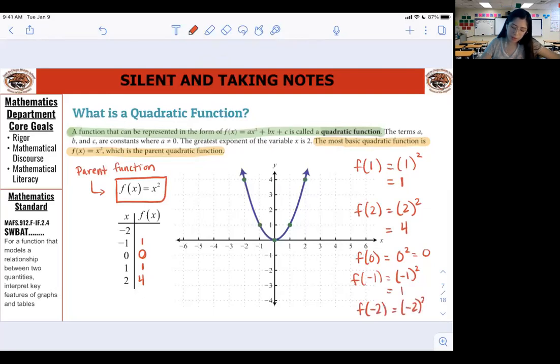And what's -2 squared? +4. Okay, +4. So let's take a look at what happened. Looking at the table, what are some observations that you guys notice?